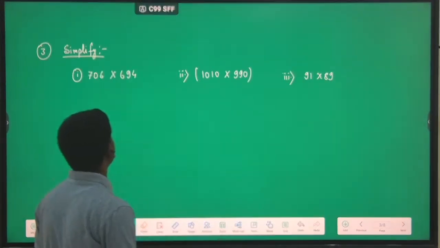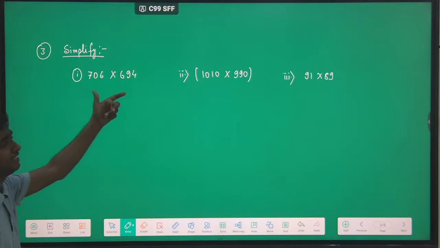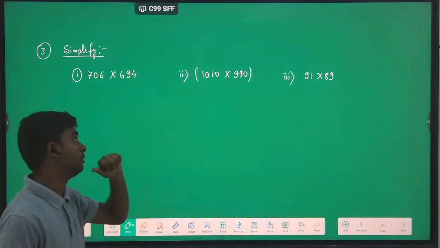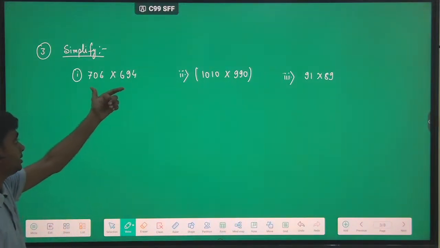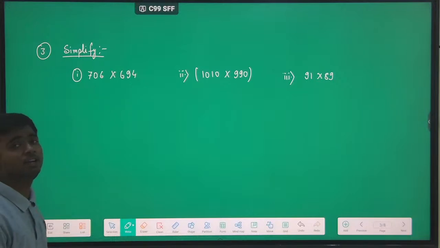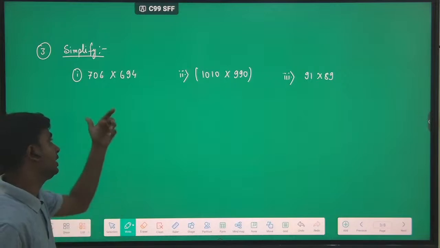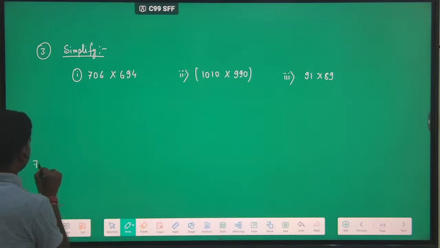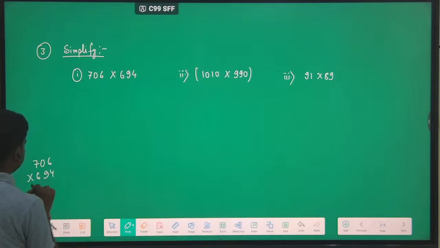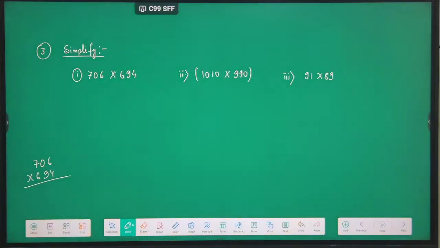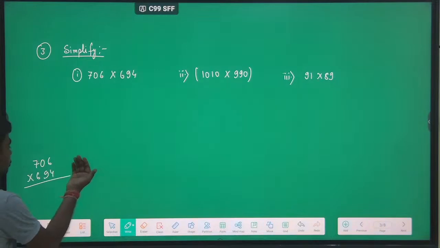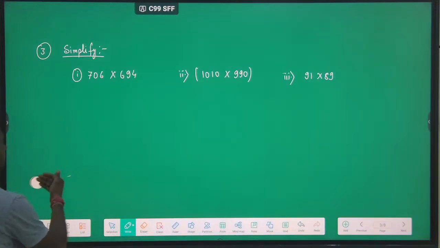Now, if we are asked to simplify this type of question, then what will we do? Our first question is we have to multiply the value of 706 into 694. What we can do? We can multiply this 706 with 694 using multiplication. Also, we can use identities here.